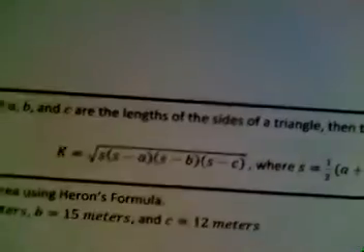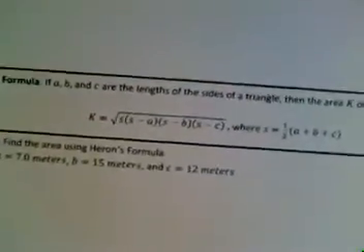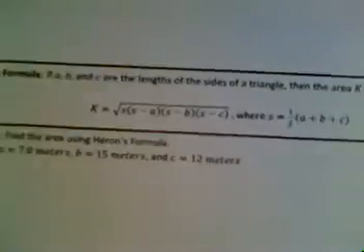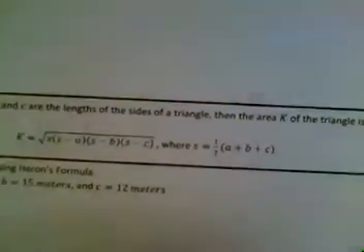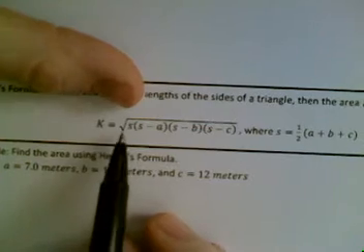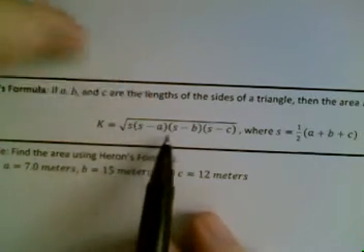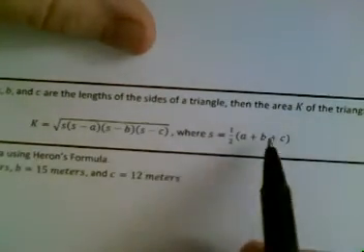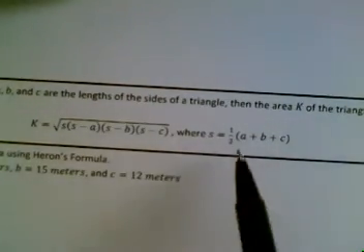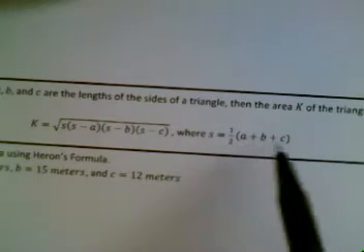We are going to go ahead and keep on moving. The last formula that we have is Heron's formula. Heron's formula says if A, B, and C are lengths of the sides of a triangle, then the area K of a triangle, again, we're using K for the area, is equal to the square root of S times S minus A times S minus B times S minus C, where S is the almost average of all three sides added together.